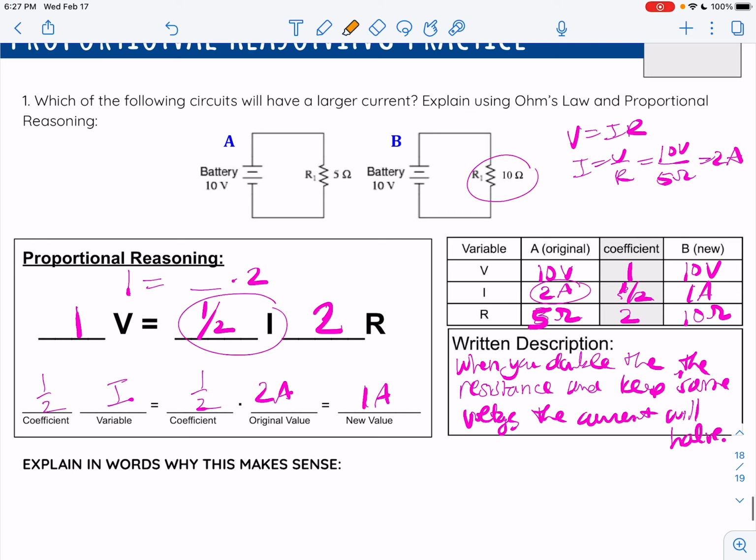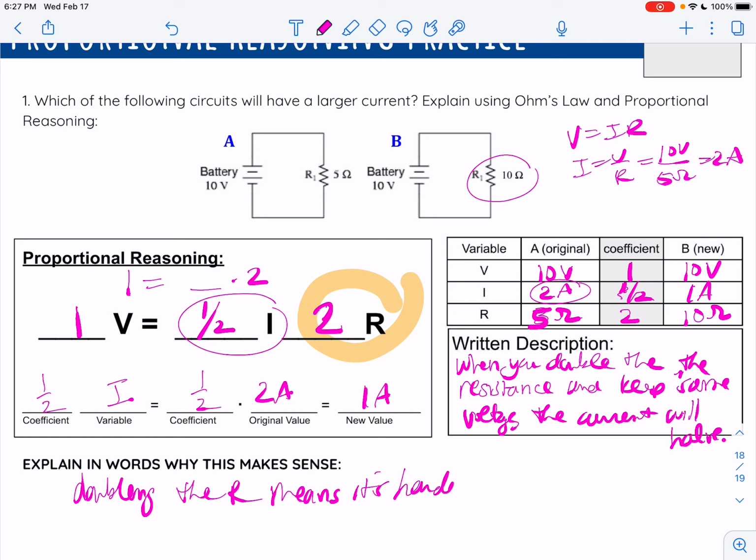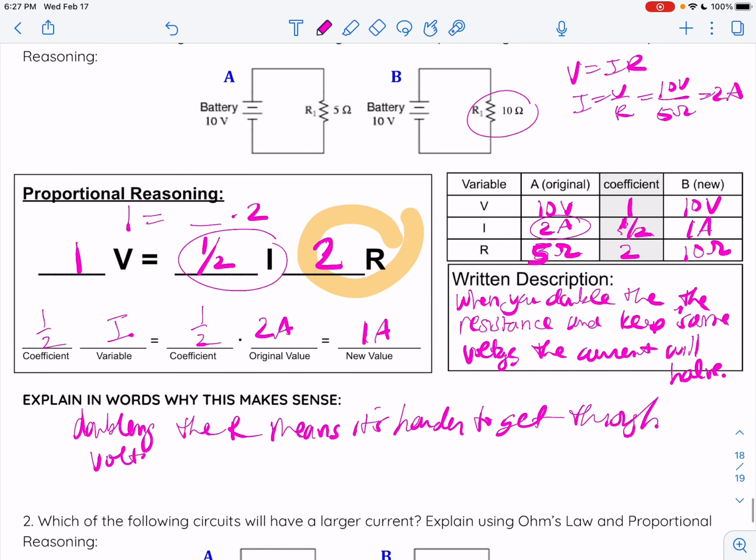What I want you to think about is if I double the resistance, doubling the resistance means it's harder to get through the circuit. Voltage is the same, meaning same push.